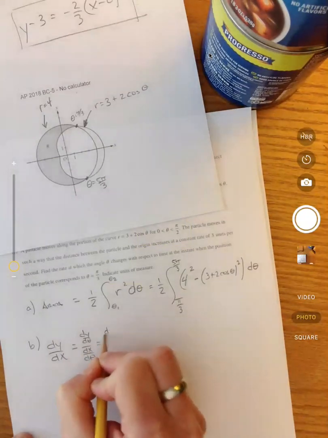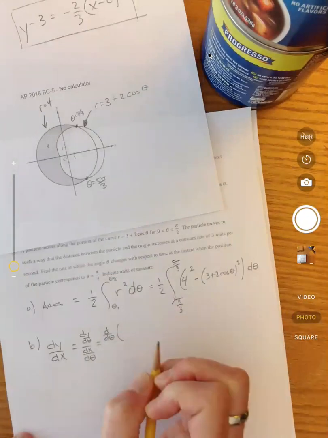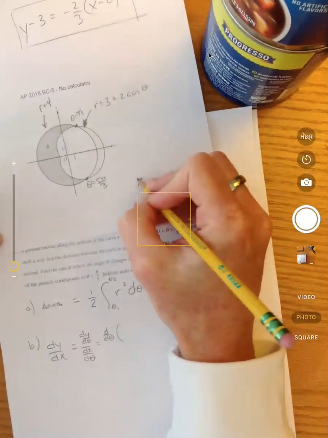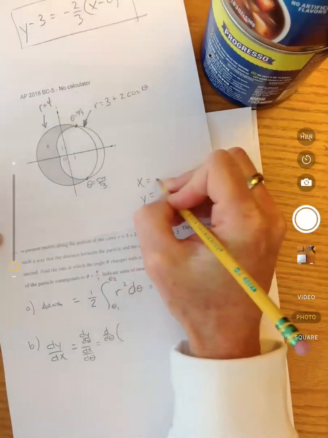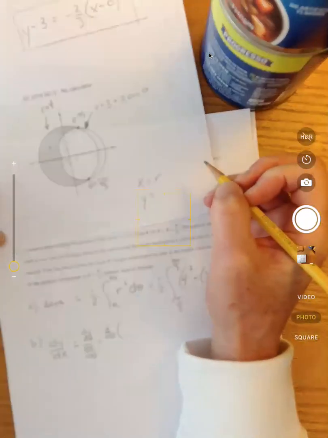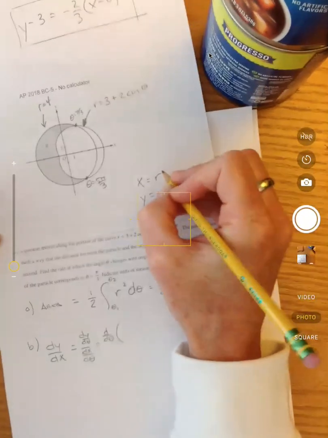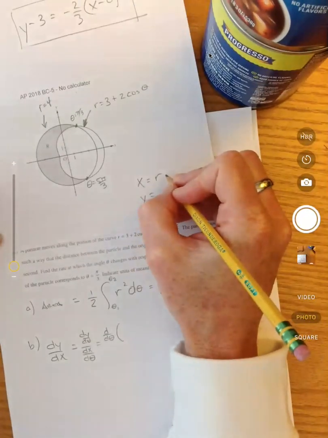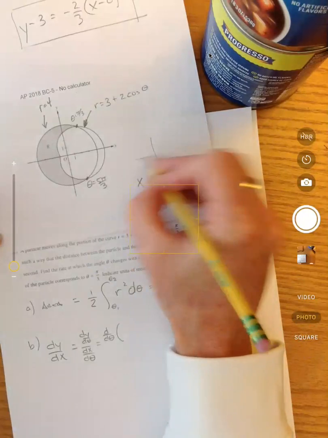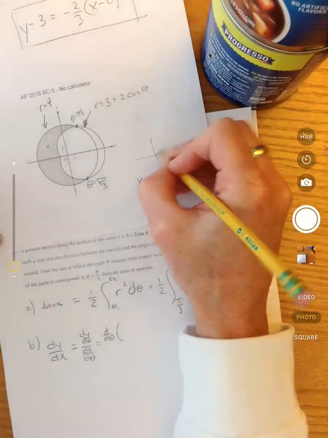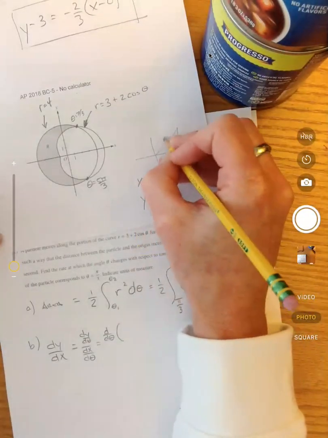And that means I'm taking the derivative of, okay, what was the y equation? No, x's and y's. Let's see if I can remember. X is r, what is x? Is x cosine or sine? Anyone remember? I don't have it memorized, guys. I just have this in my head.